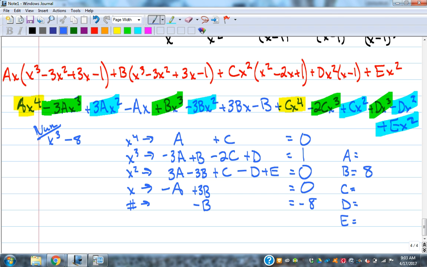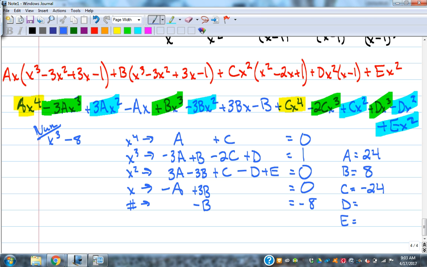Negative b is equal to negative 8, so b is equal to 8. And then that would be 24, and that would make that 24. So A would be 24. And if A is 24, C would have to be negative 24, because they're going to add to be 0.